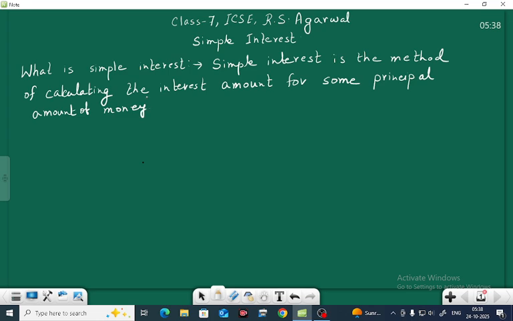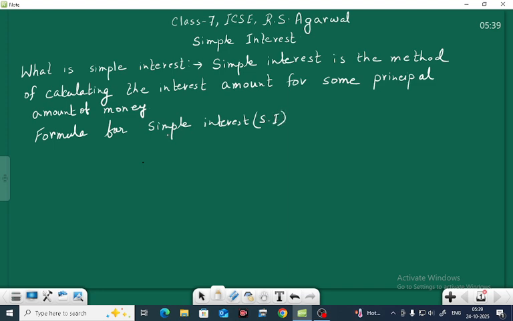This is simple interest, and there is a formula for simple interest. In short, you can say it as SI.